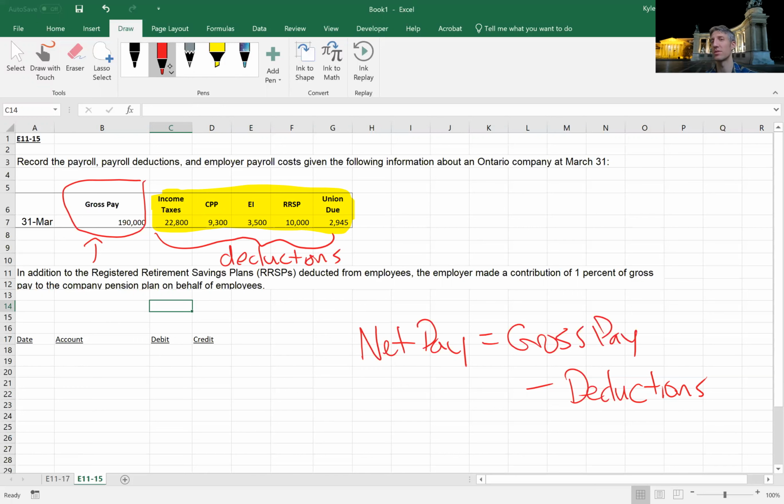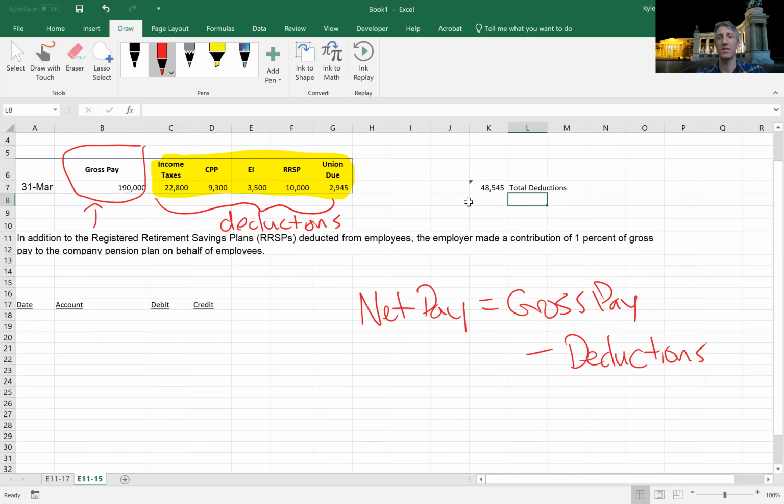So just to start this problem, I want to know how much cash this employee is going to take home. I'm going to calculate the net pay. So I'm going to just add together the total deductions, and the benefit of doing this in Excel, so total deductions, which means that this employee's net pay is going to equal the 190,000, the gross pay, minus the 48,545.